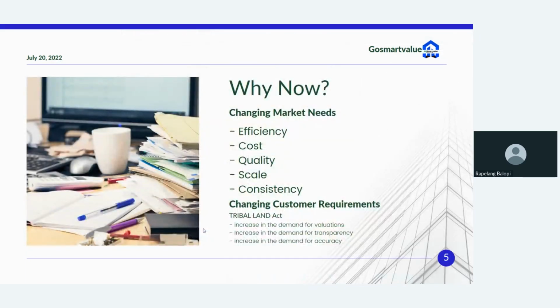So the question: why now and why today? It comes down to the basic needs that are coming up in the market as we speak. The automation of property valuations is not a new thing, as I said in the beginning. But the key thing that has come up quite clearly in the market, no matter which sector you're talking about, is efficiency.